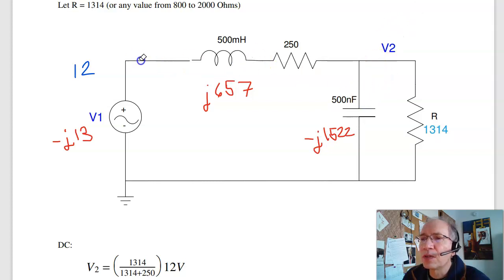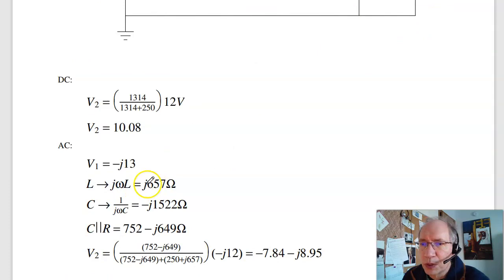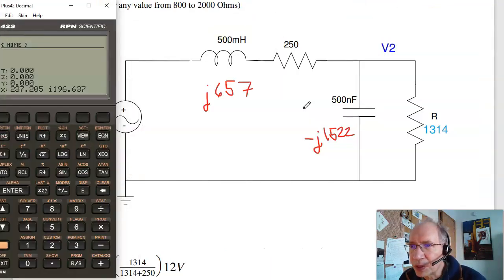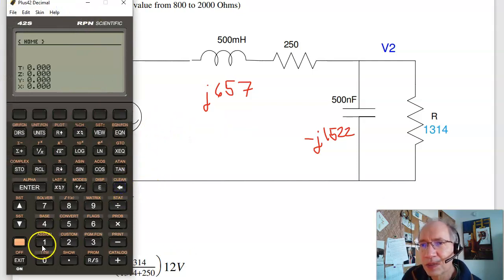Now, to figure out what the output is, I combine these two in parallel, which would be, well, let's do it on a calculator. Bringing back the old trusty HP calculator. The frequency is 1314.